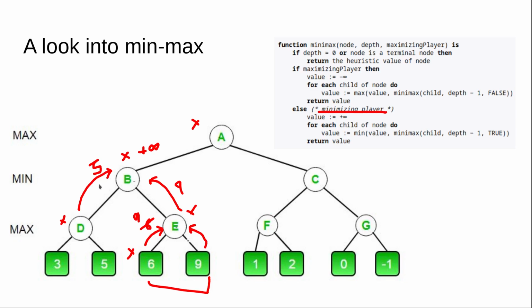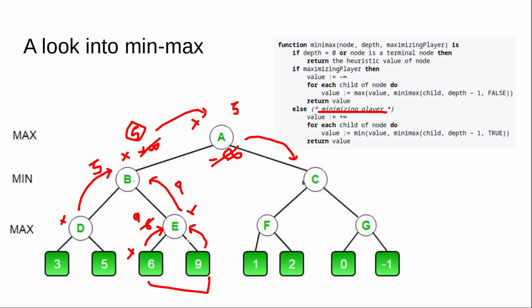When I returned a value of 5, it stored a value of 5 over here, and then after these calls, it would receive a value of 9. But 5 is less than 9, so it would retain this value only. This value would then be passed to your maximizing player. I had a value of minus infinity initially, but now it would be updated to a value of 5.